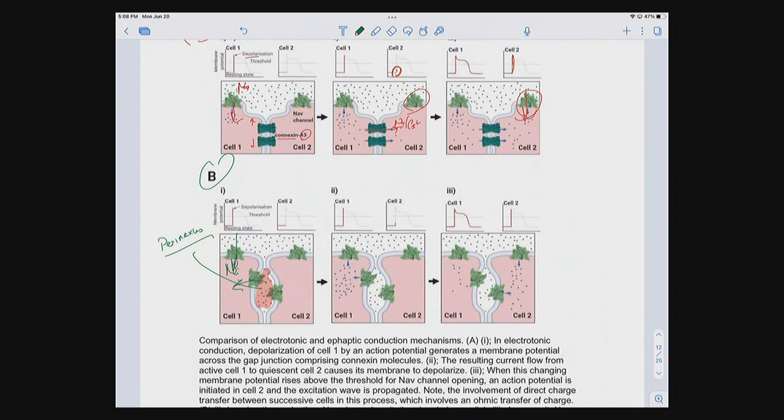So the mere fact that I'm having sodium leaving this perinexus area here, so I'm losing positive charge, and if I'm losing positive charge in this area here, that is going to in turn make this more positive. So this area here, because I'm having sodium going through those voltage-sensitive sodium channels in cell 1, is becoming more negative.